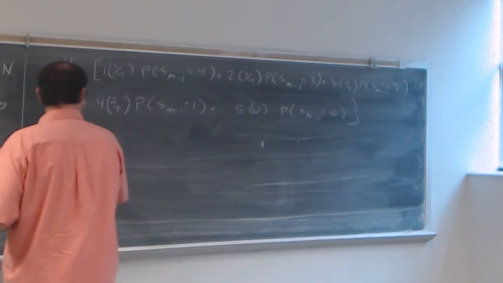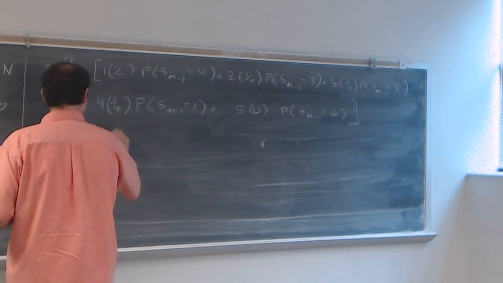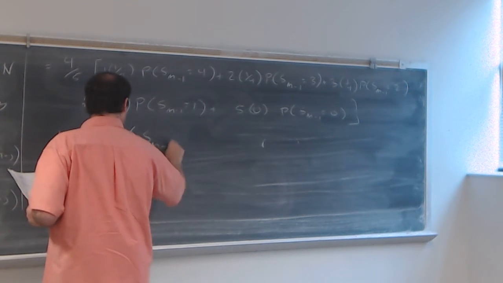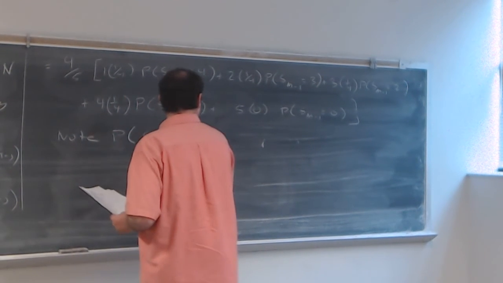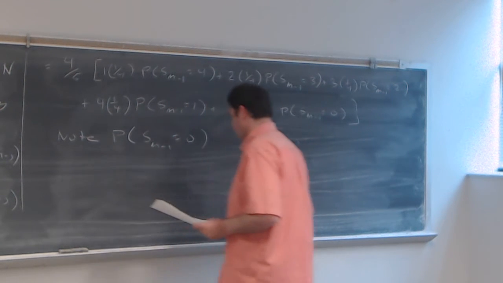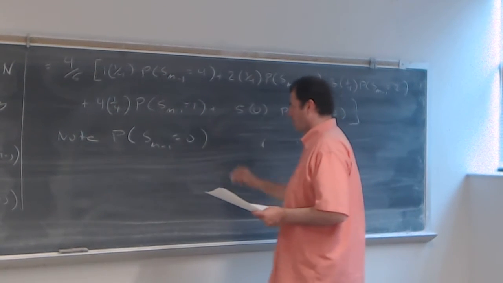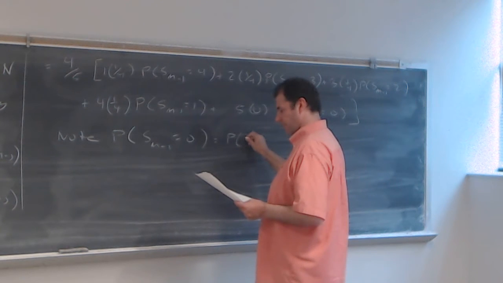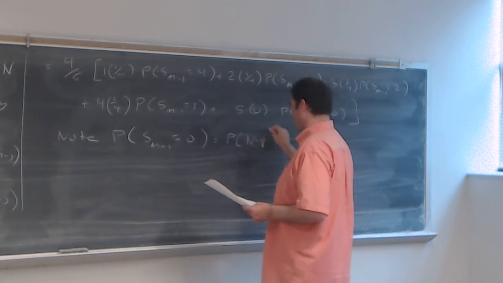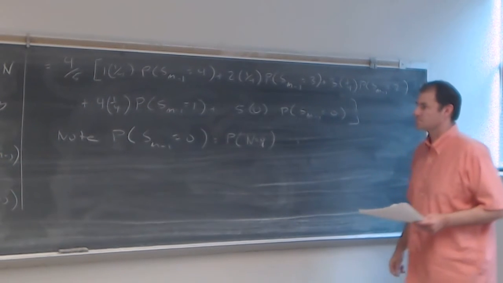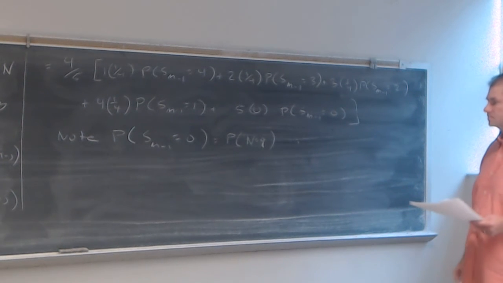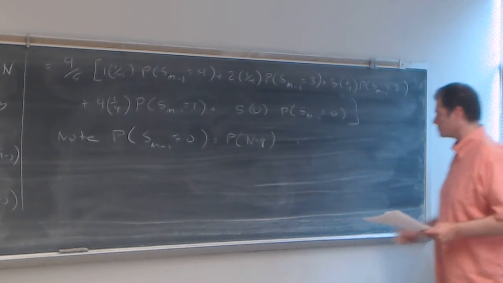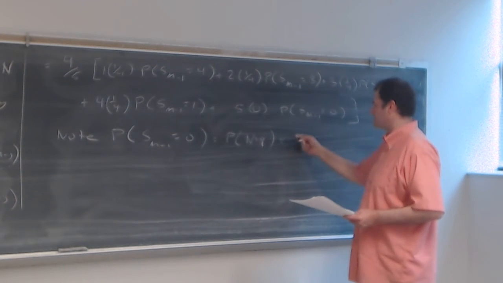So the probability, because we're going to need it, that S_{m-1} is equal to 0. Okay. Well, that was equal to the probability that N was equal to 0.